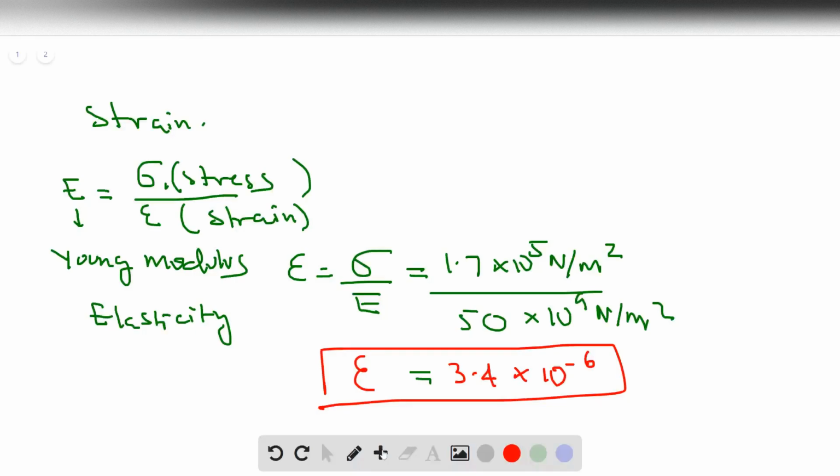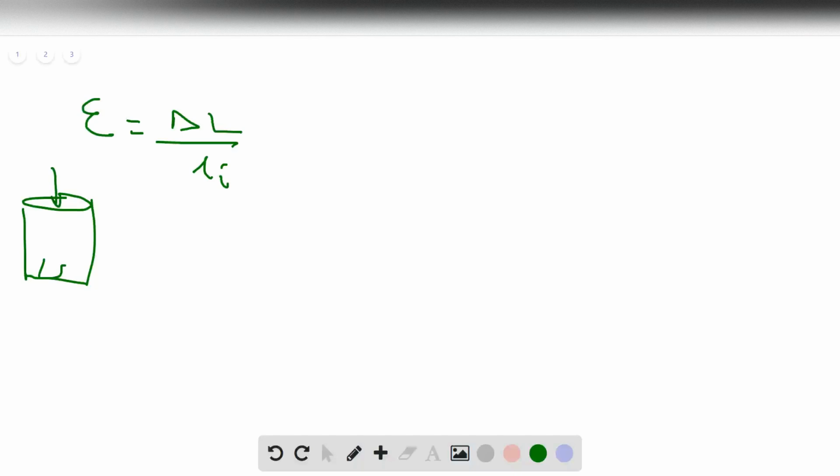In the next and final page, we're going to define strain in terms of change in length over the original length. So what we're saying is, if we have the column and it's being pushed by a force, it has an initial length. Eventually, that force is going to shrink it to a new level.